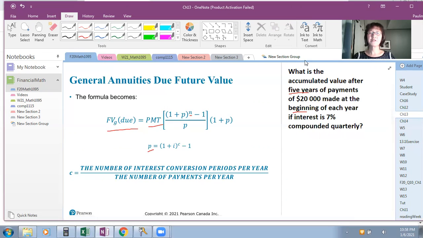The question asks what the accumulated value is, which means what is the future value, FV.